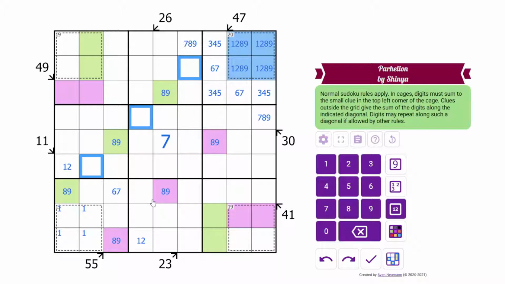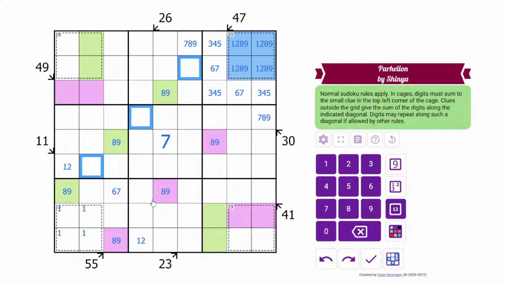Ugh, come on. Excuse me. Maybe it's the corners again. I don't know.